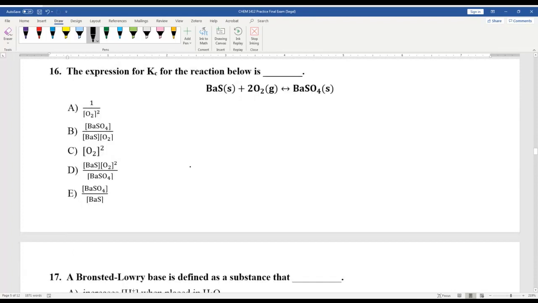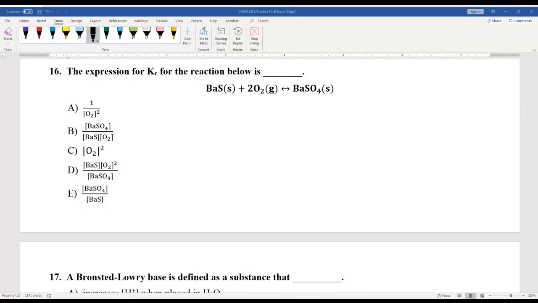Okay. Number 16, the expression of Kc for the reaction below is what? What do you think? Yeah, A. Why do you not include the solids? Their concentrations do not change.